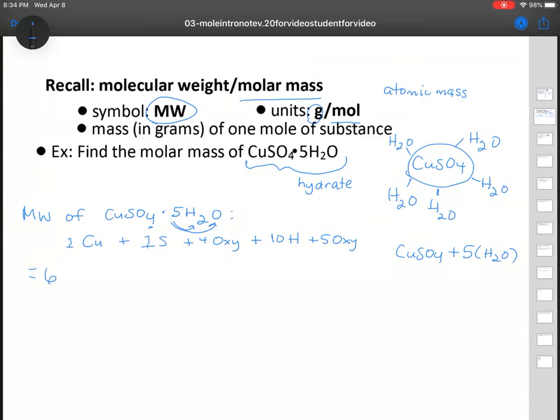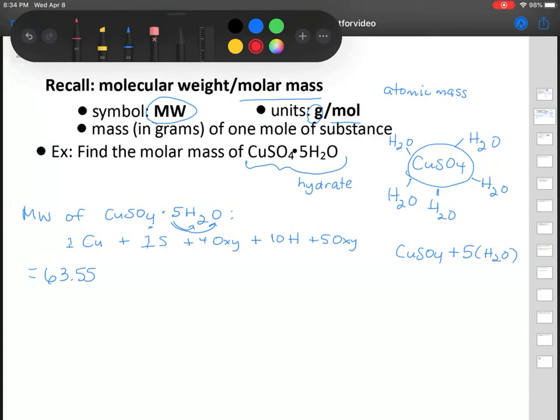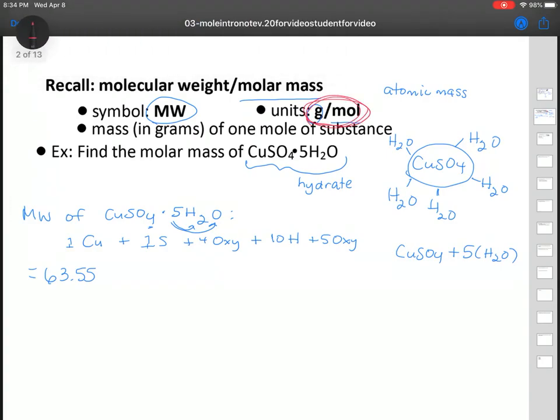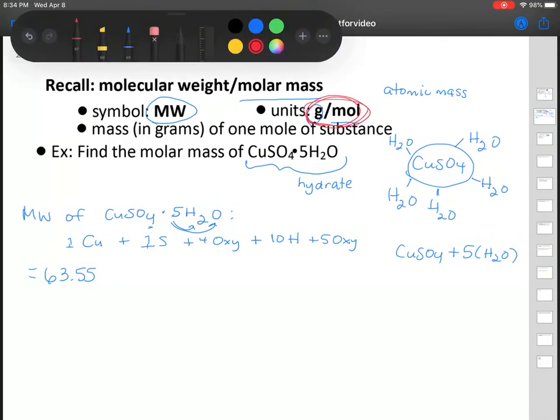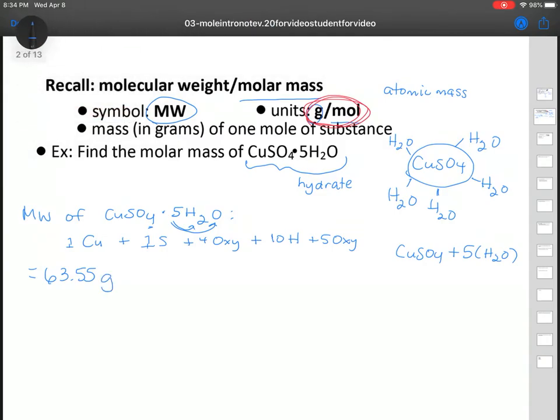Okay, so 1 copper is 63.55. So again, now we're going to use the units grams per mole. We're not going to use AMU anymore, or U. Sulfur is 32.06.